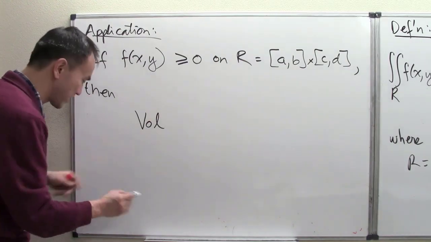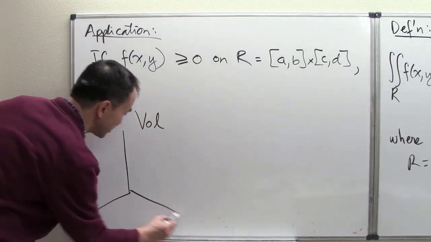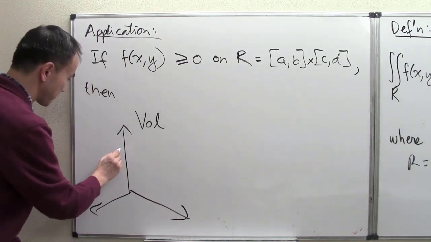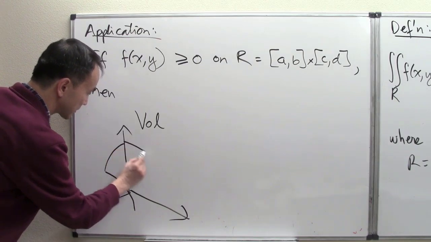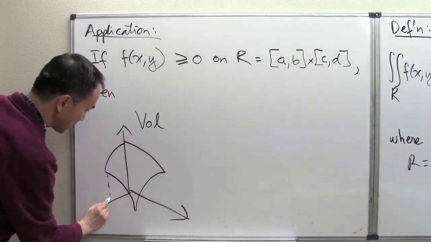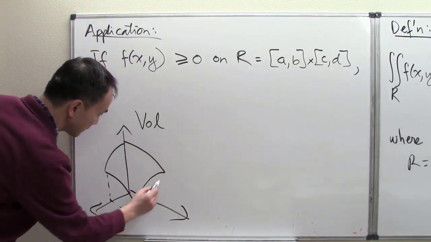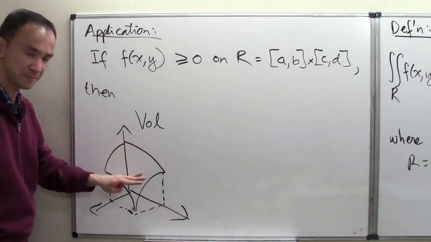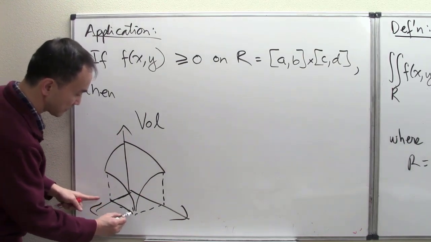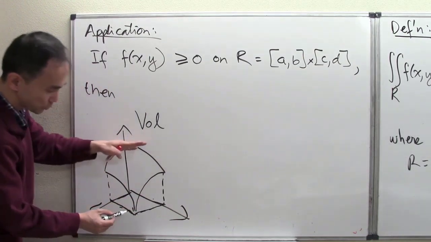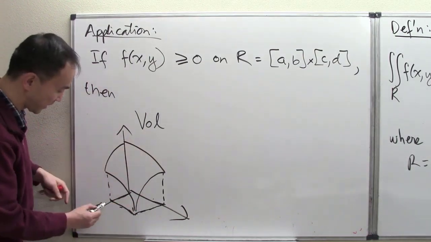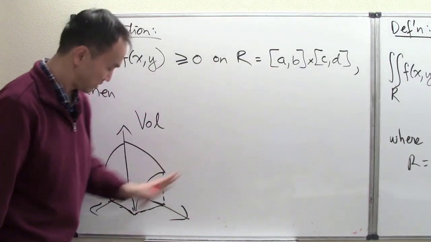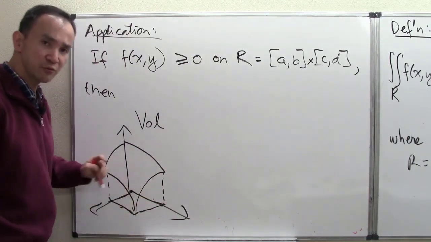I'm not the best artist here, but it goes kind of like this. There's a surface of the function, and that's the amount of space trapped between the surface and the x and y floor, restricted from 0 to 1 and 0 to 1. That's the rectangular region that we're talking about.